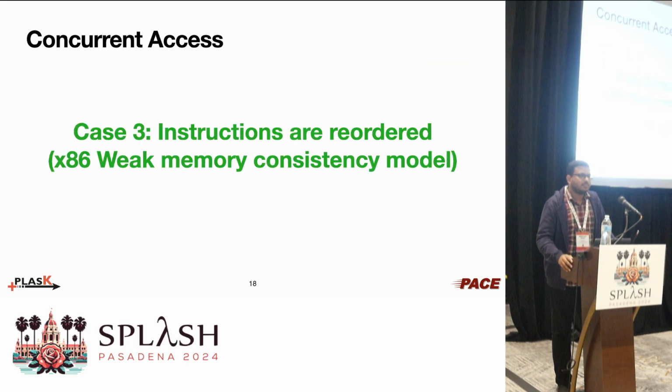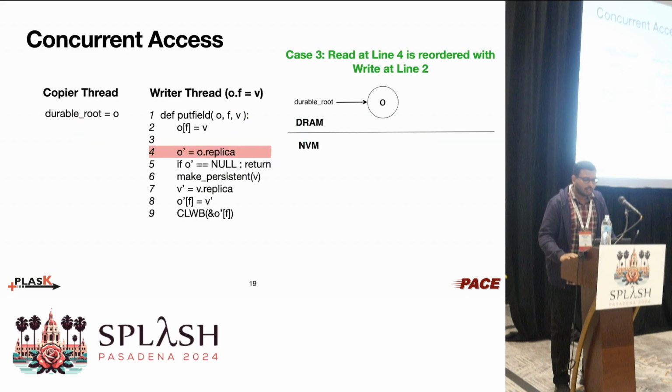But what happens when the instructions are reordered? In the x86 weak memory consistency model, it is possible for the instructions to get reordered. In the writer thread, we were executing the instruction at line number 2 first. But what if instruction number 4 is executed first?